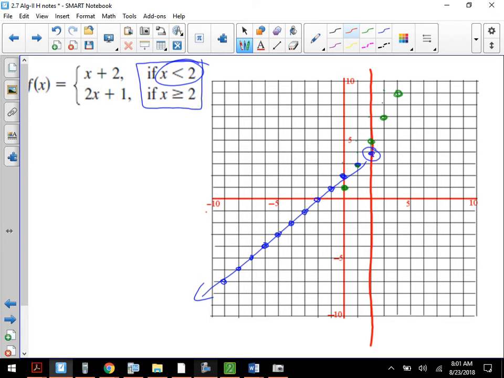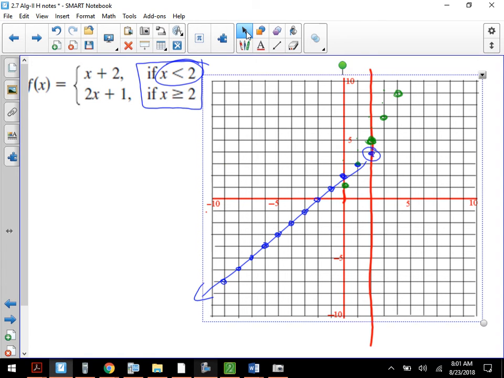I know that this graph has to move to the right, so there's no reason for me to graph anything else to the left, because the domain tells me that it's for all values of x such that they're greater than or equal to 2. So I can get rid of these first couple of dots that I had, except for this one.